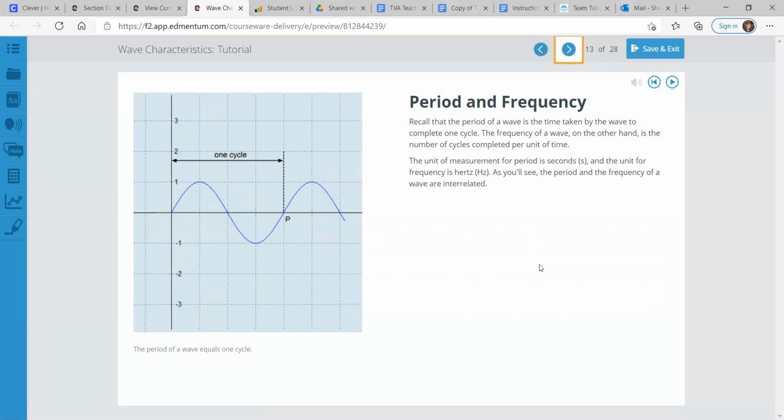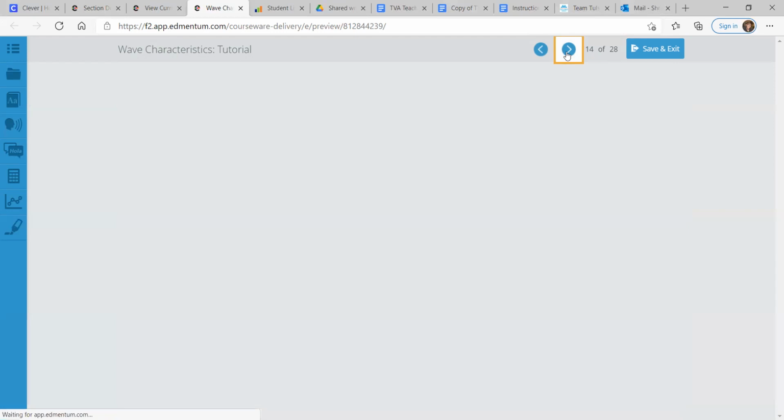Recall that the period of a wave is the time taken by the wave to complete one cycle. The frequency of a wave, on the other hand, is the number of cycles completed per unit time. And the unit of measurement for period is seconds, and the unit for frequency is hertz. And we'll look at how these are interrelated.